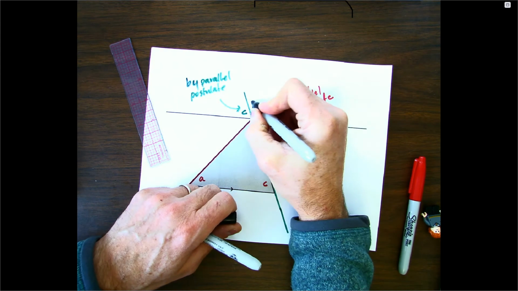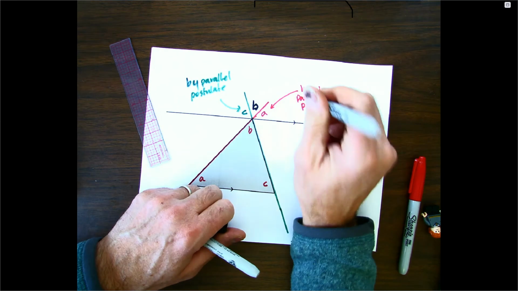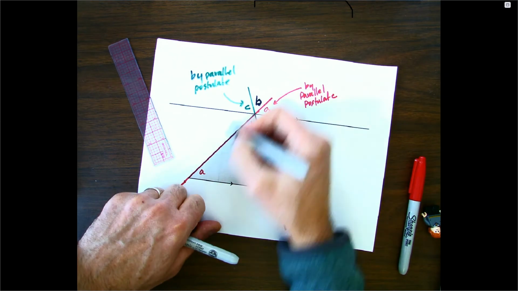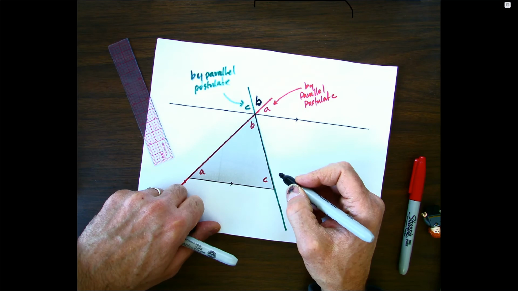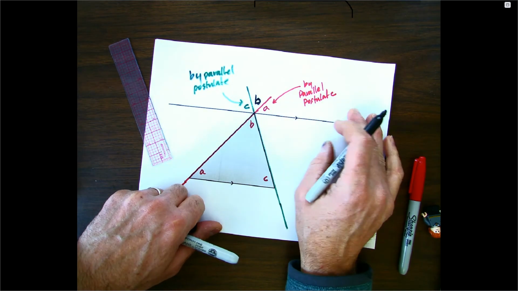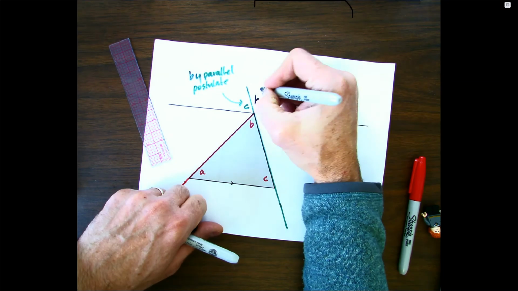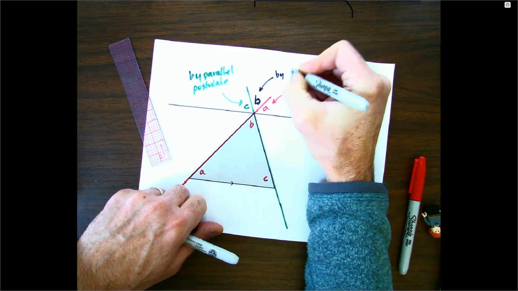I asked the class, what's the reasoning for B being congruent to this B here? It's not by the parallel postulate, but by the fact that the red and the green line cross at a point, and we know that angles across from one another are always congruent. We have a special name for that theorem. It's called the vertical angles theorem. So I'll just say by vertical angles.